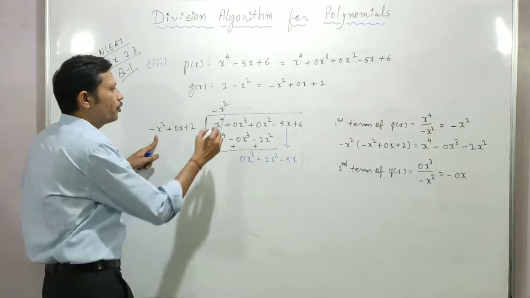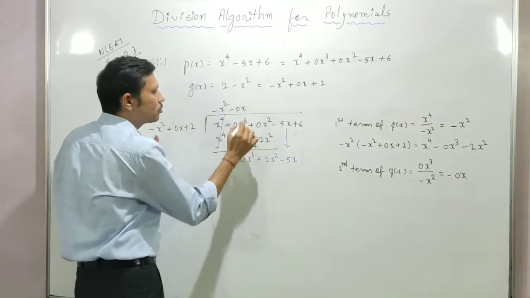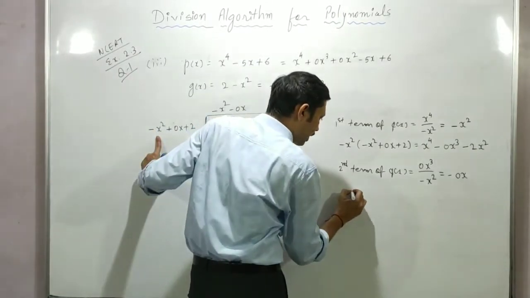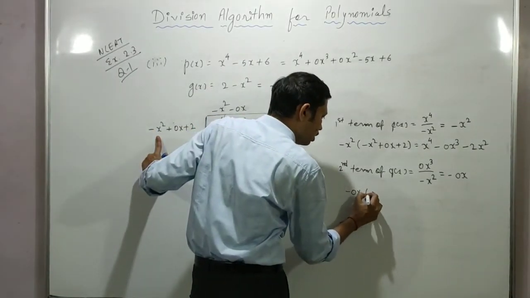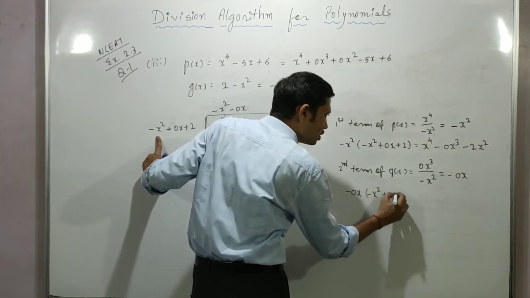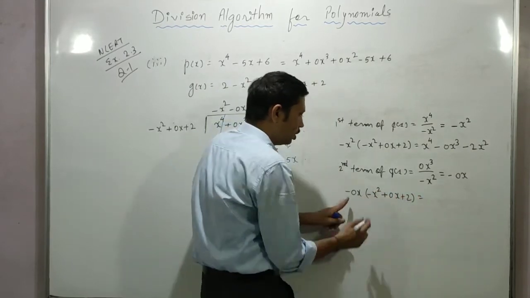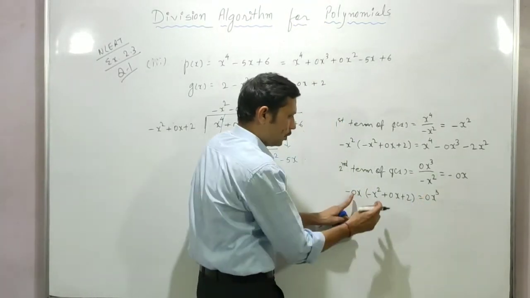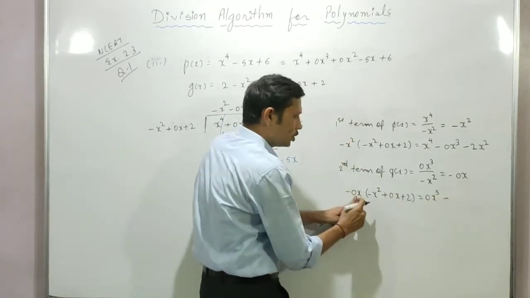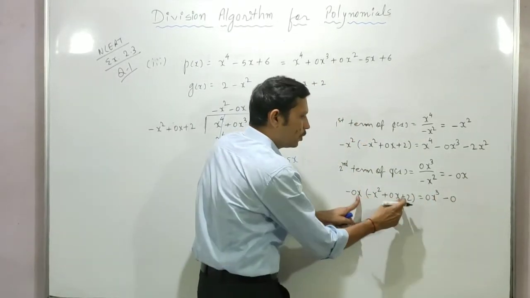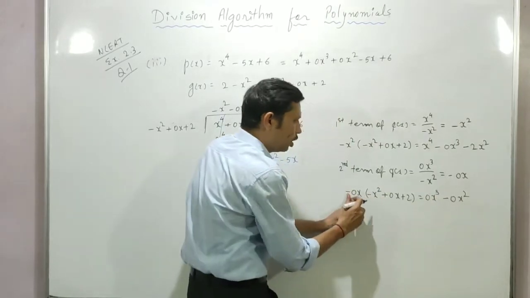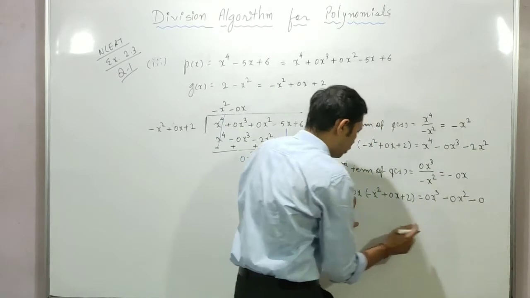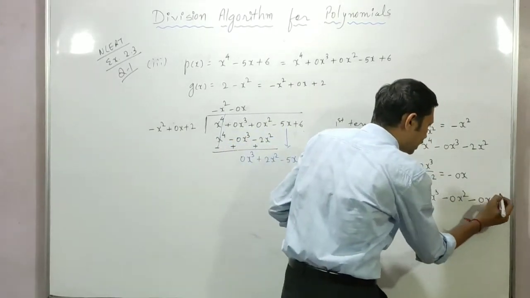So my quotient term is minus 0x. Minus 0x multiplied with my divisor x square plus 0x plus 2: minus minus plus, 0x multiplied by x gives 0x cube, plus minus minus, 0 multiplied by 0 is 0, multiplied with x square. Now minus plus minus, 0 multiplied by 2 is 0, x multiplied with constant.